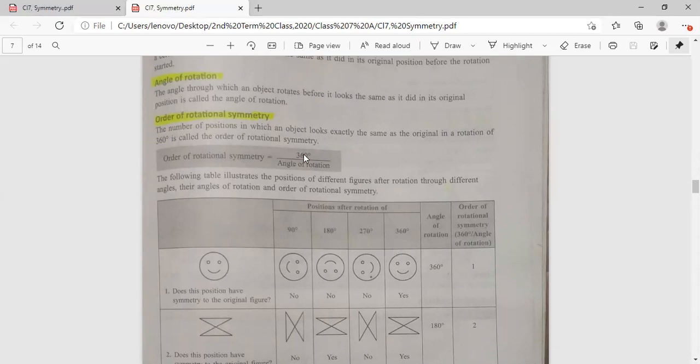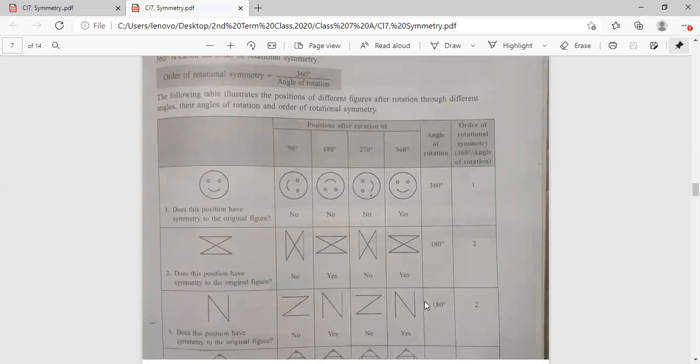So order will be 360 degree divided by angular rotation 360. So 360 divided by 360 is 1. Okay, order is 1. Another definition of how you can know order is 1: in this rotation, how many times did it look the same? Only once, isn't it?